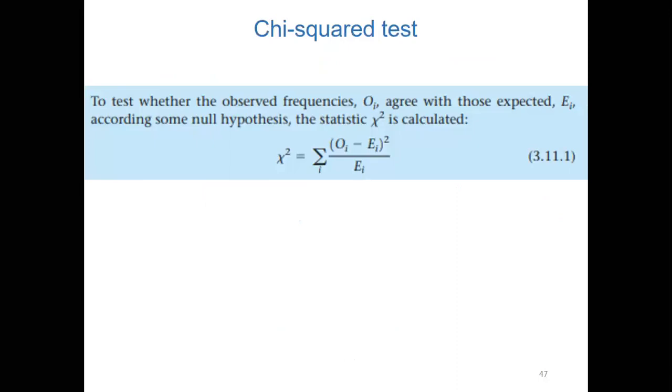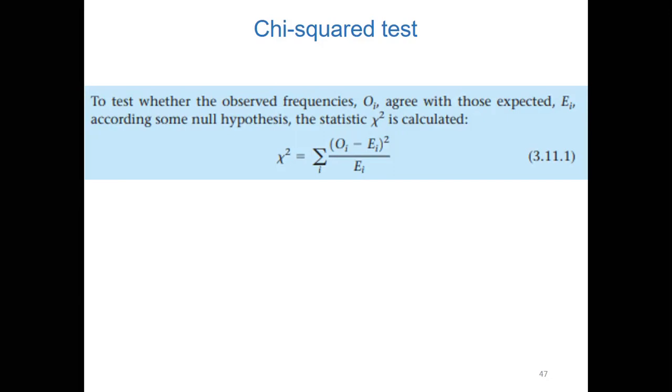So we discussed ANOVA just to compare several means. Then let's move to the chi-square test. This is another test. Here, we test whether the observed frequencies agree with those expected according to some null hypothesis. So the observed frequency and the expected frequency are in the equation.